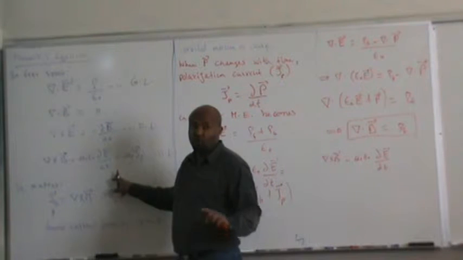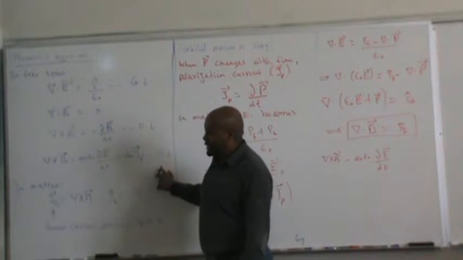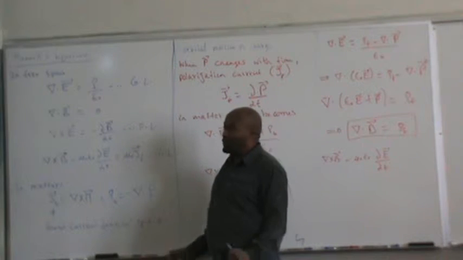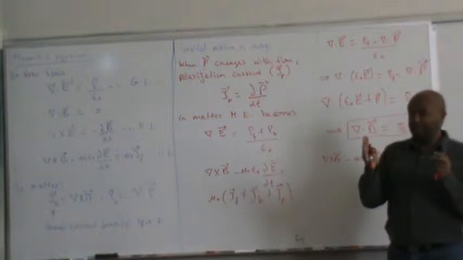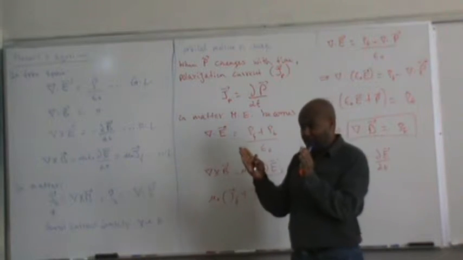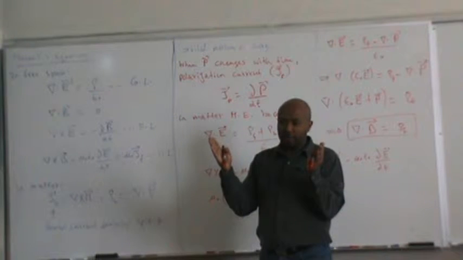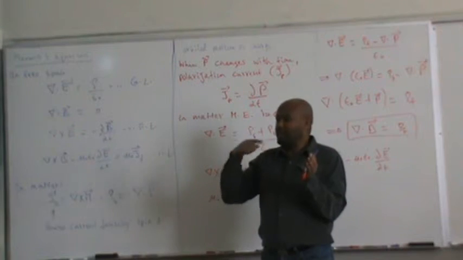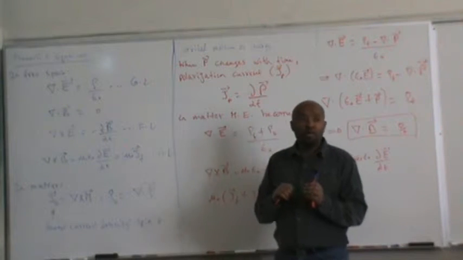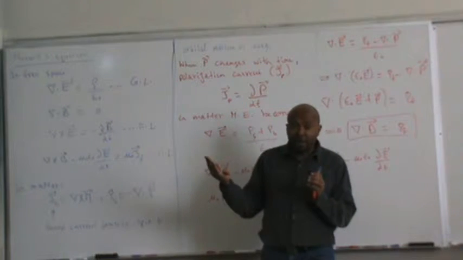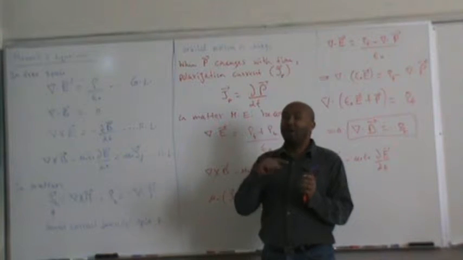It's related to the displacement current. If you remember, that's the current that exists in a parallel plate capacitor, right? In that gap, there is no charge. It's just a simple change in electric field that causes this current. So it's not really an actual movement of charge.